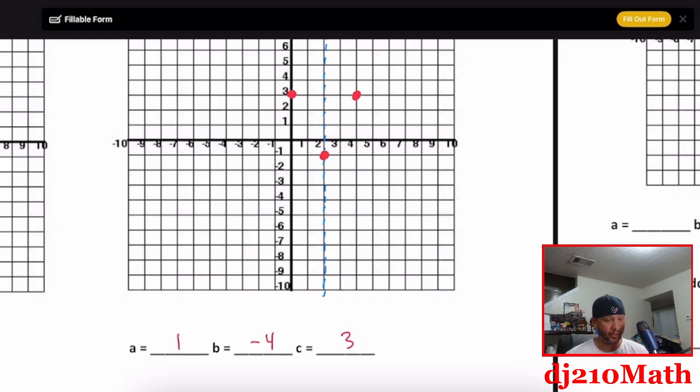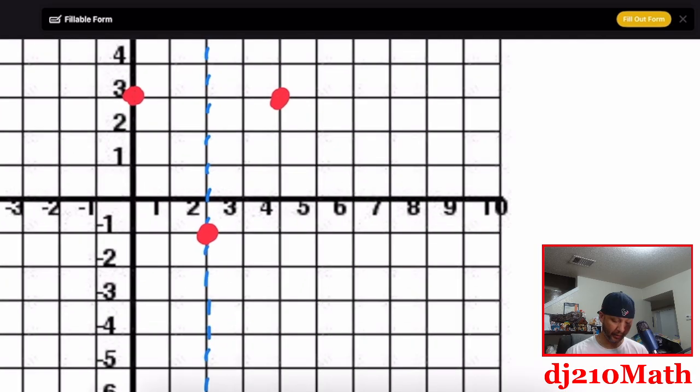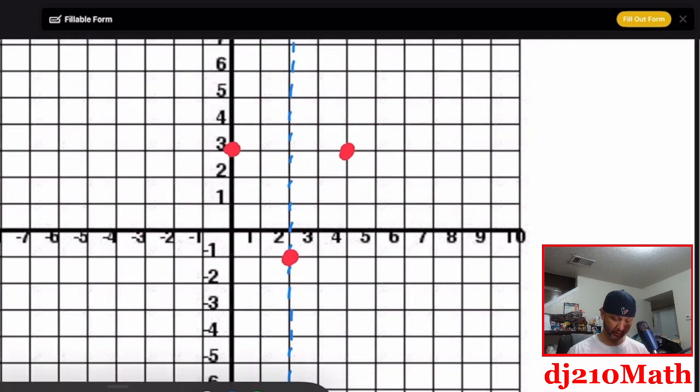Okay, let's see if we can apply the method we just learned. So I go over 1 from the vertex, and I square it. So 1 times 1, 1, and then times a, which in this scenario is 1. So 1 times 1 is 1. So we go over 1, up 1.